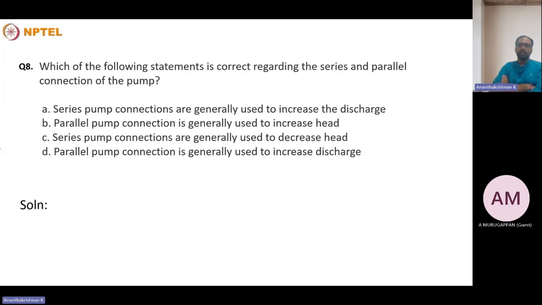Parallel pump connection is generally used to increase discharge. Option D. A parallel pump connection is generally used to increase discharge. Right.